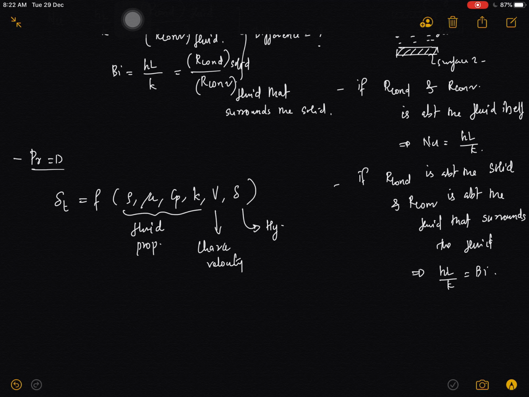of the fluid, and this is the hydrodynamic boundary layer thickness. Okay, and this delta T is the thermal boundary layer thickness.